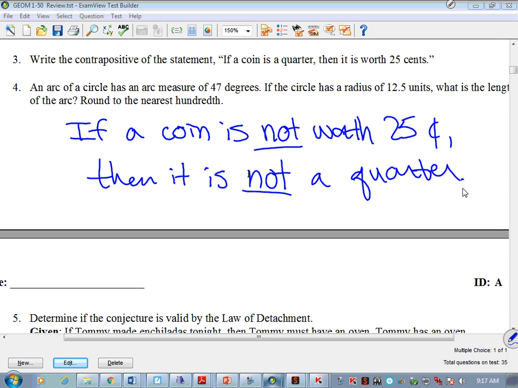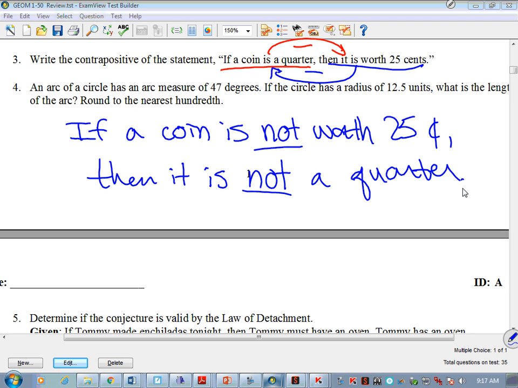Okay, that flips it because I'm taking my conclusion and moving it to the hypothesis side. I'm taking my hypothesis and moving it to the conclusion side, and we are negating it, okay, making not statements. That's going to do contrapositive.